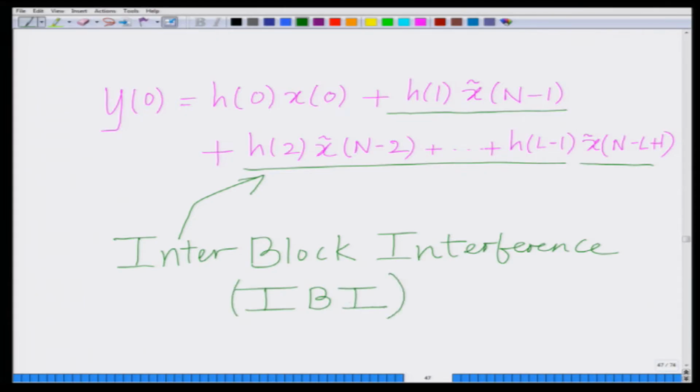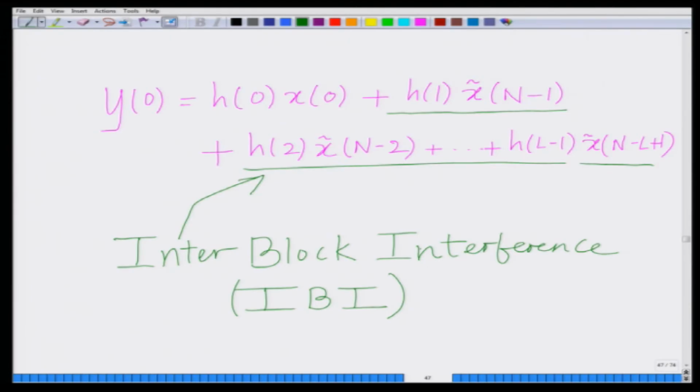Because of the frequency selective nature of the channel, there is IBI or interblock interference, where the samples in the current block are being interfered by the samples from the previous block in this OFDM or orthogonal frequency division multiplexing system. Our main motive is to avoid or remove this interblock interference in the OFDM system.